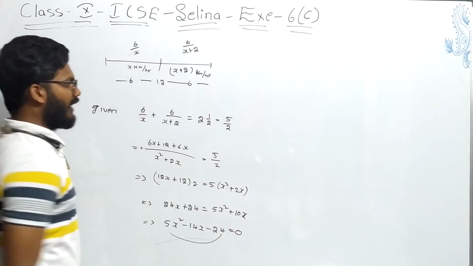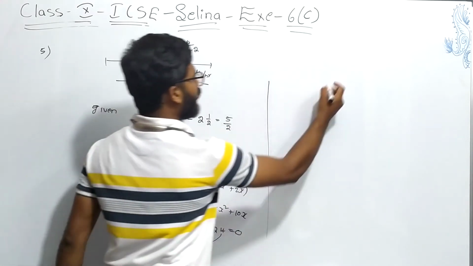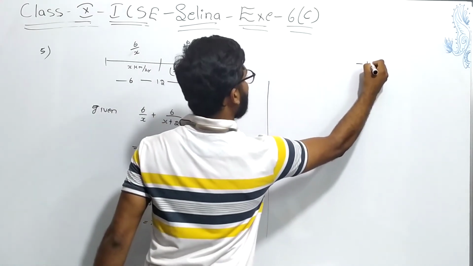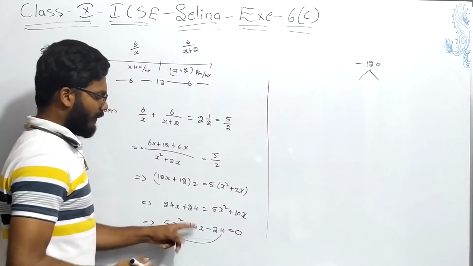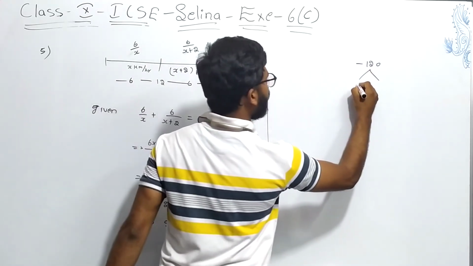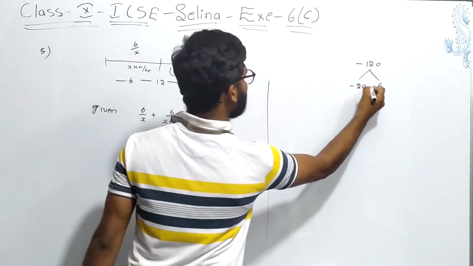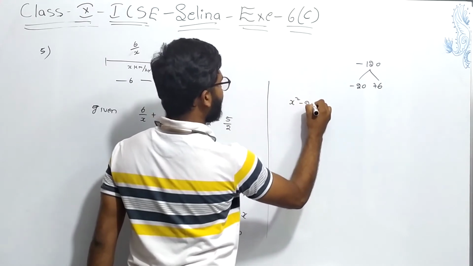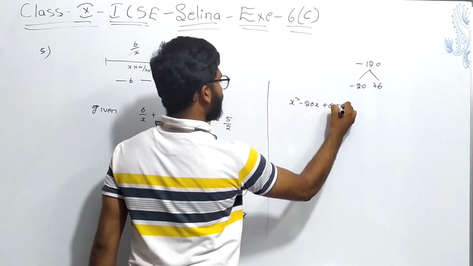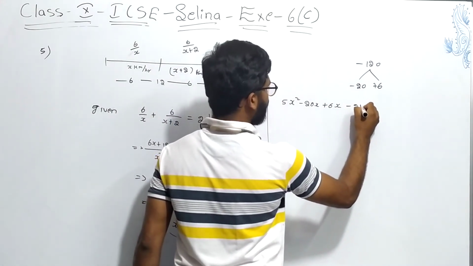So if you multiply, you have to get 5 into 24, so it is 120. If you multiply, you have to get minus 120. And if we add, you have to get minus 14. So the numbers are 20 and 6. So for this it is minus, for this it is plus. So 5x square minus 20x plus 6x minus 24 is equal to 0.